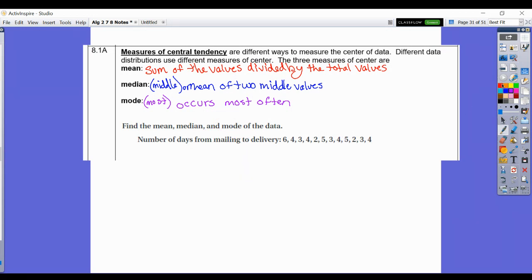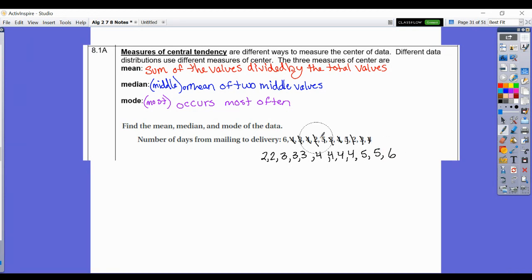All right, so let's find each of these values for this data here. First thing you want to do when you have a big long list of data is put it in order. So let's start with, looks like 2 is the lowest number, and there's 2 of them. So 2, 2, then 3 threes, then 4 fours, and then 2 fives, and a 6.